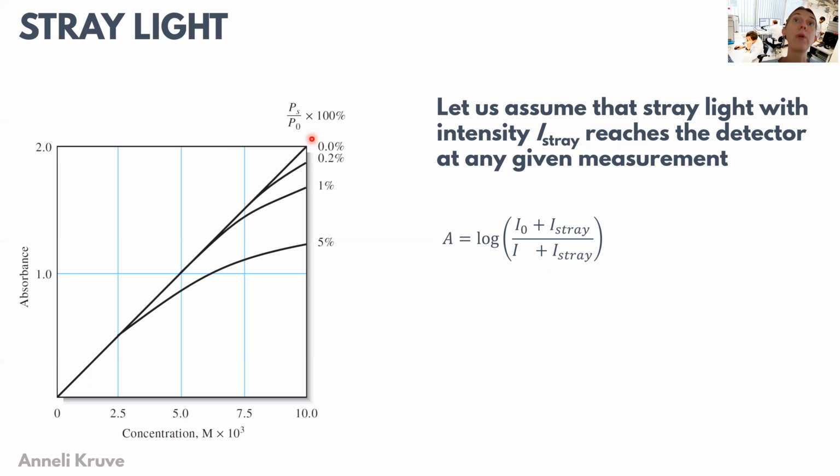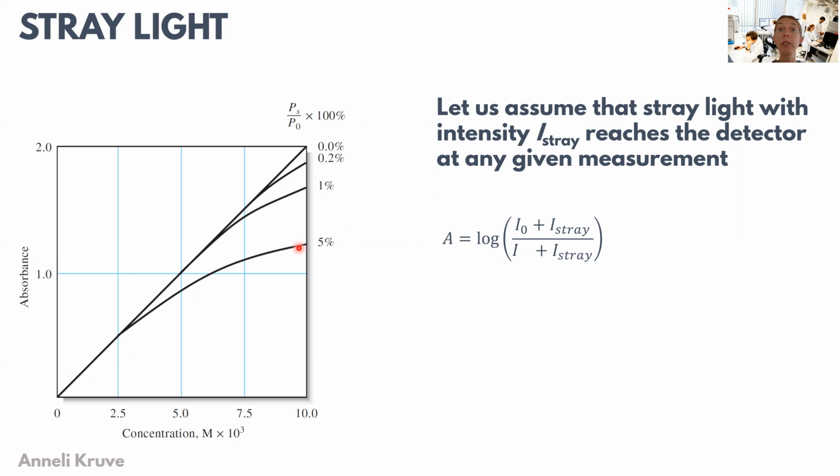So when the stray light is relatively small, we see the curvature at the higher concentration. So cases where more light is absorbed, where I is much smaller. But when the stray light is very intensive, so there's very much of the stray light, then the impact already starts at lower concentrations.